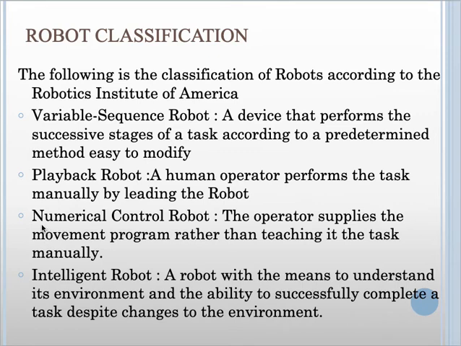Another is the numerical control robot, where the operator supplies the movement program rather than teaching it the task manually. And fourth and last, the intelligent robot, a robot with the means to understand its environment and the ability to successfully complete a task despite changes to the environment.